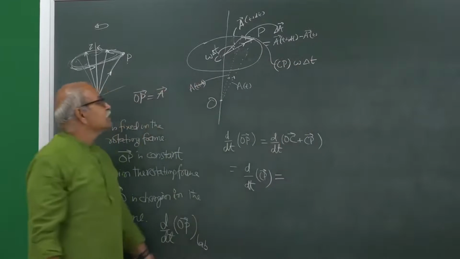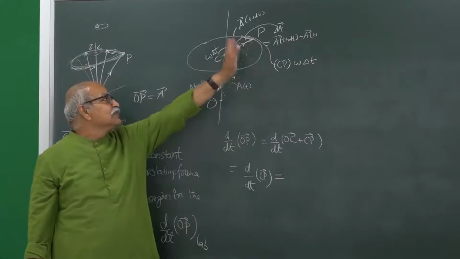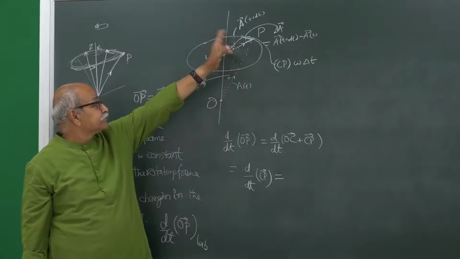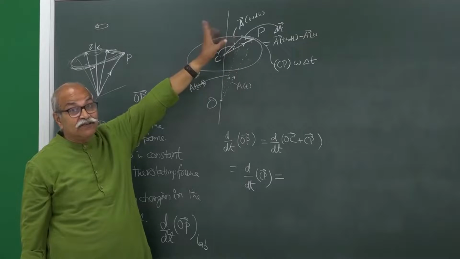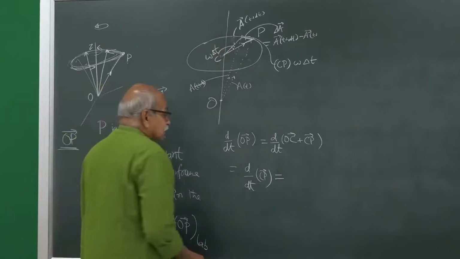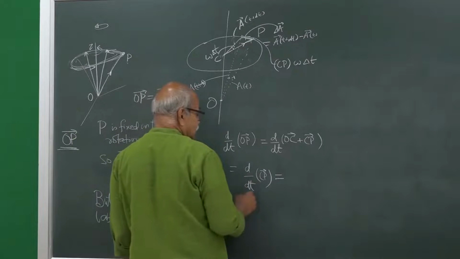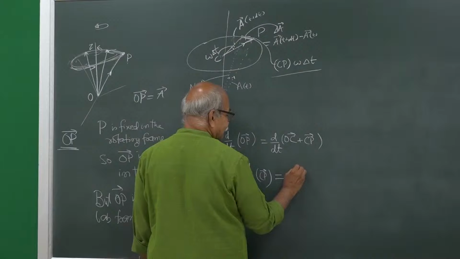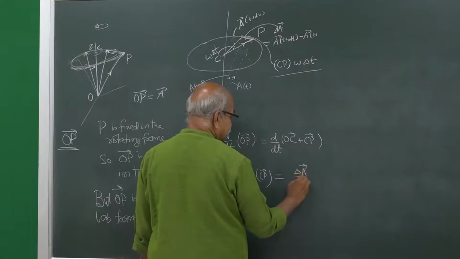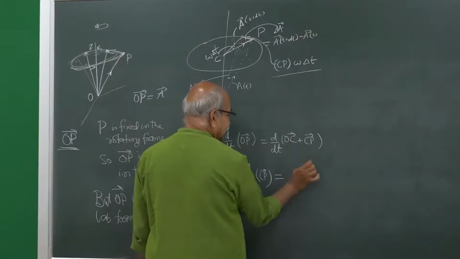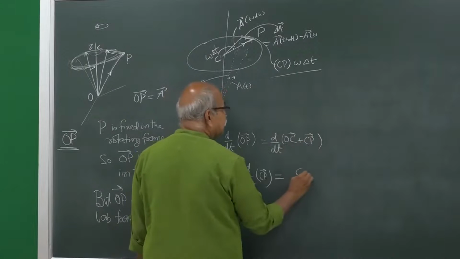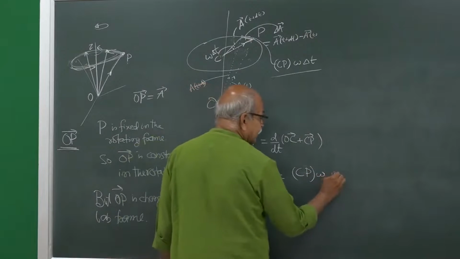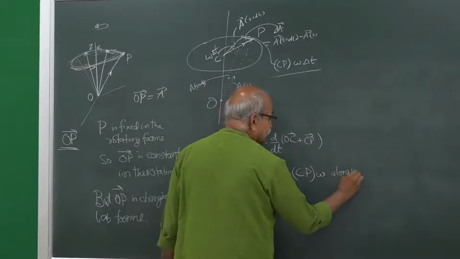This is the length, and the direction of this delta A vector is along the tangent, along the velocity. So d/dt, delta A by delta t, is equal to CP times omega in magnitude, and along the tangent.